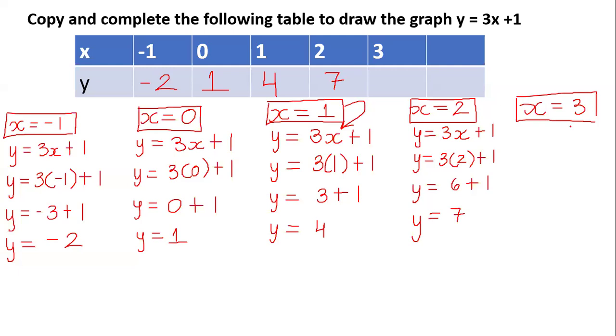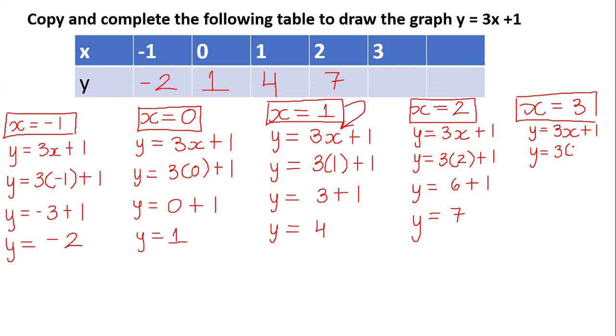Next, we have x is equal to 3. So we have y is equal to 3x plus 1. And so we have y is equal to 3, open bracket. Instead of putting x, we're going to put 3, right?